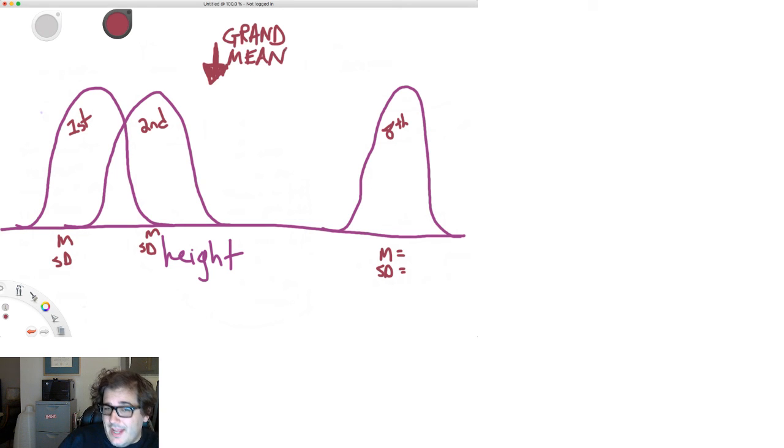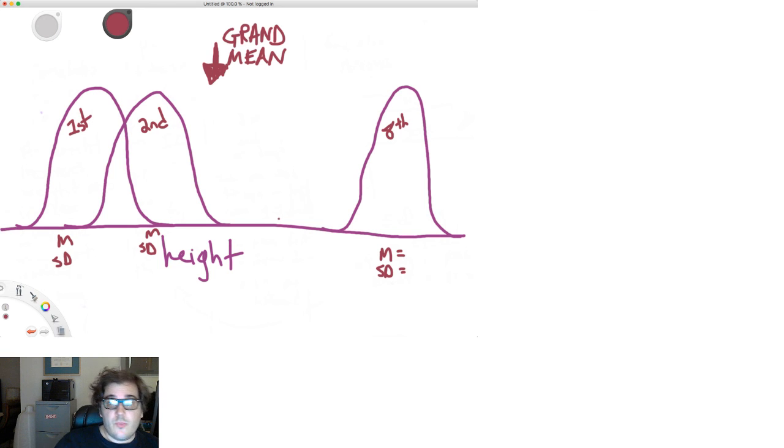So the grand mean is the mean of all the observations together. So 1st graders, 2nd graders, 8th graders, you lump them all into one group, you take the average, you get a grand mean. That's important. So, sum of squares between and sum of squares within.